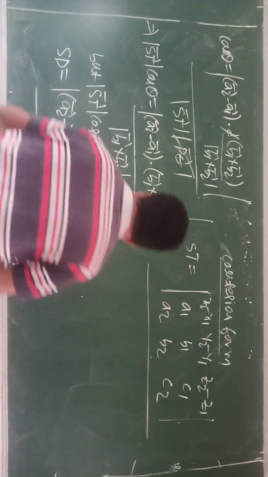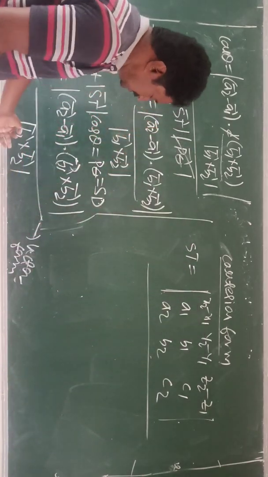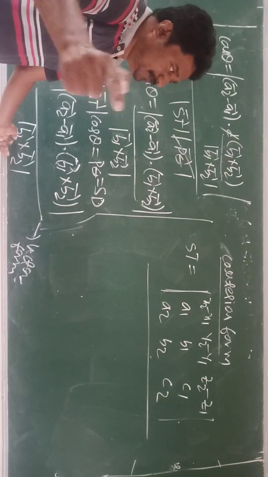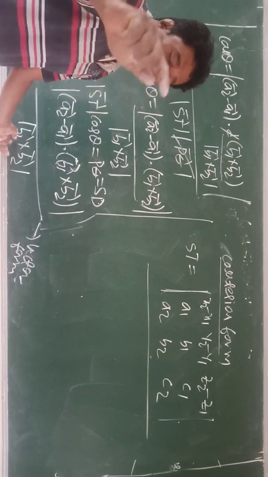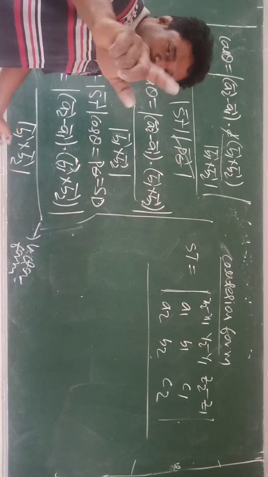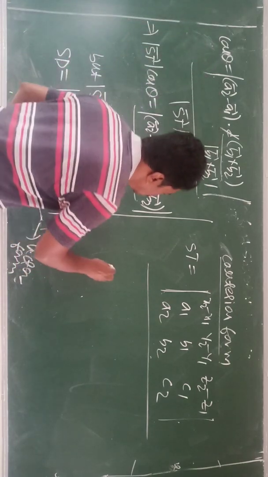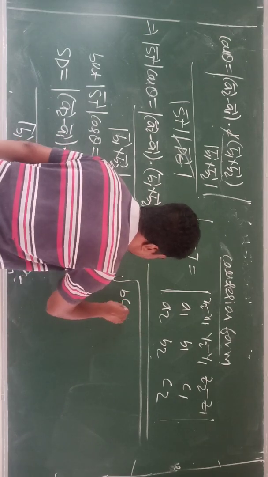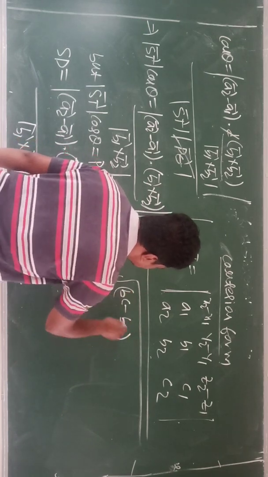Length of B1 cross B2 is required. It's not easy, students. I told you a technique to remember that. Even in the exam you write it directly. If you have time, you calculate this at home. Length means root of (bc minus bc) whole square, plus (ca minus ca) whole square, plus (ab minus ab) whole square.